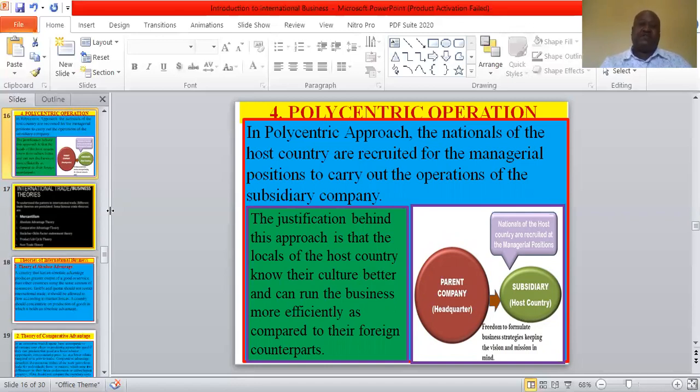We mean that if a multinational company is located in our country here, the key positions will be occupied by host country individuals because we understand our culture better than the foreigners who have invested in our country.